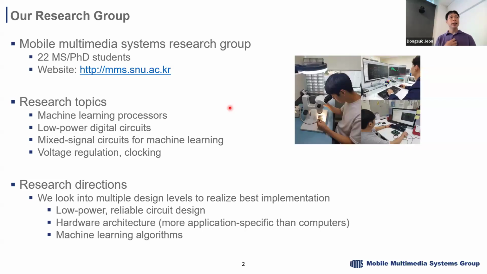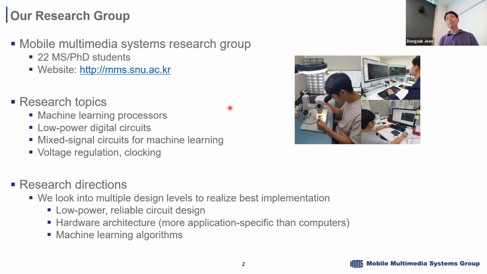So basically, I'm a chip designer. Starting from my PhD, I have designed many different digital ICs. But after spending some years in chip design, I realized that I need to understand everything, starting from the algorithm down to system and down to circuits. That's why I try to hire students with different backgrounds.